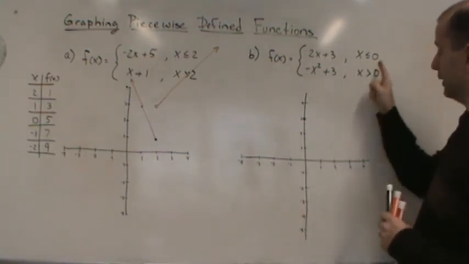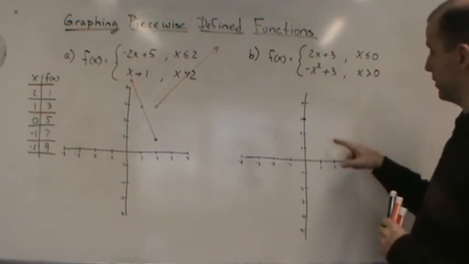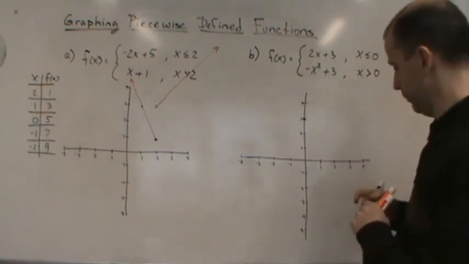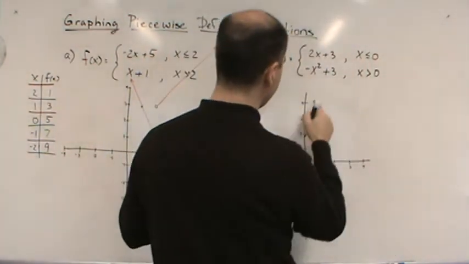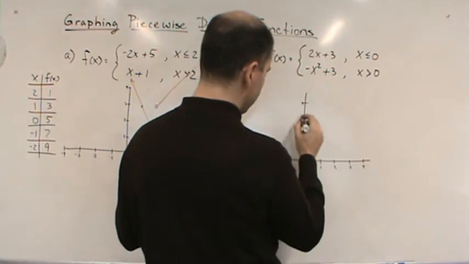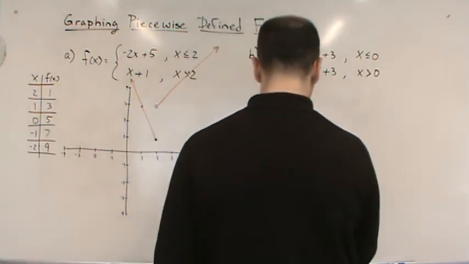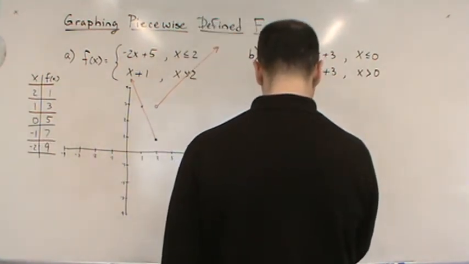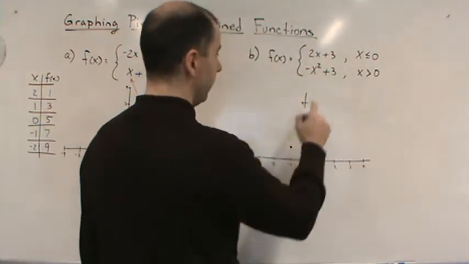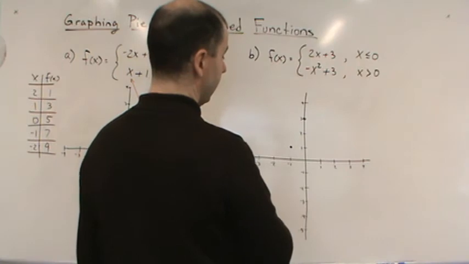Now, for less than 0, let's see what happens. So at -1, we get 1. So just double check: -1 gives me -2, plus 3 gives me 1. So at -1, 1, we're going to have that. And then at -2, we're going to get what?